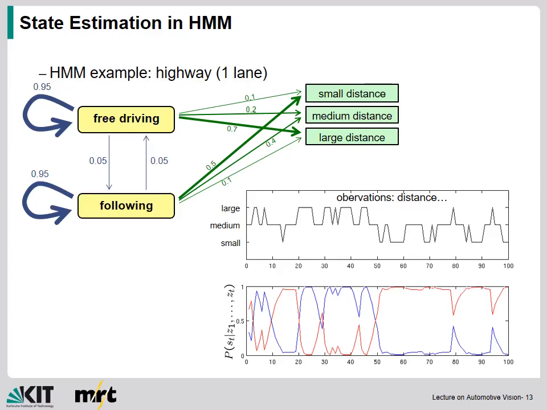So for instance, in the time interval between second 50 and second 80, the vehicle observes small distances for most of the points in time, but in between sometimes it also observes medium-size distances, and still the probabilities of being in the vehicle following state are large. That means this kind of filter can compensate some mistakes and some imprecision in the measurements.